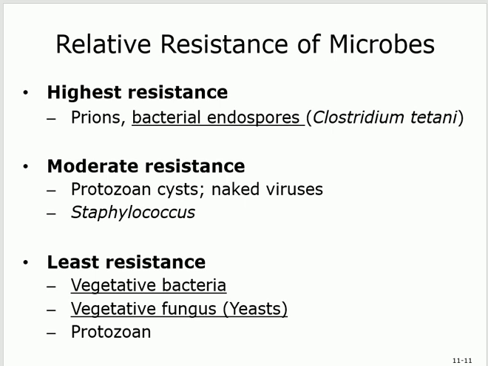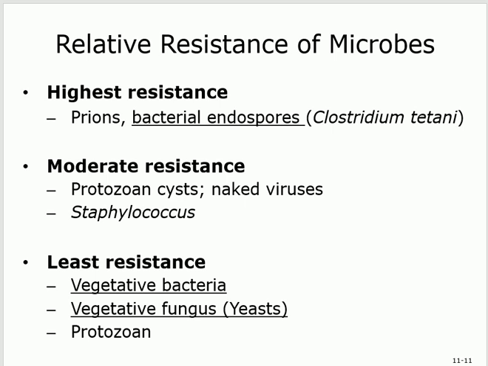But why did we put it alone like this? Here is bacterial endospore, and here you will see the vegetative. We put the staphylococcus alone, not highest, not least. It's moderate because even though it's a vegetative form of bacteria, it is more resistant than any other vegetative form. And that's why if you have staph infection, most of the time they give you a combination of treatment.